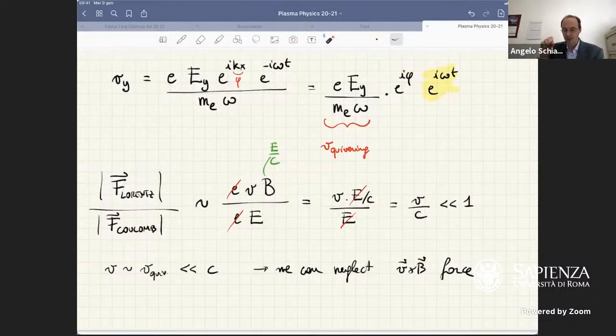The electric field makes the electron go up and down, while at the same time the magnetic field deflects it, and the resulting motion is called figure 8. In all our derivation here, we will assume that we are working in the non-relativistic term.